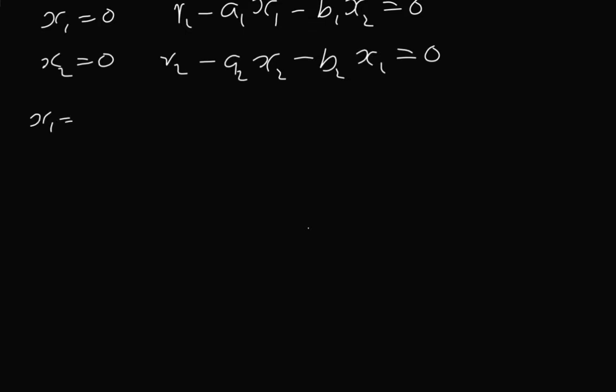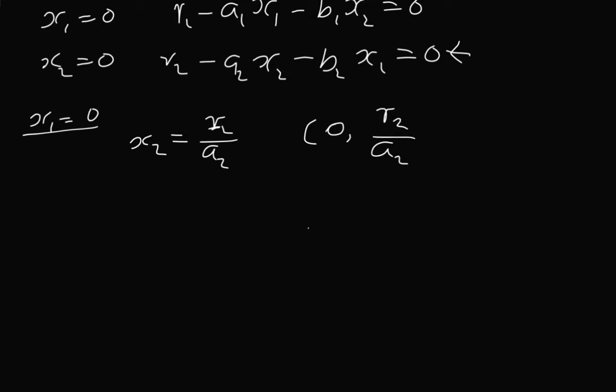When x1 equals 0, we can plug the x1 value into this equation. Then you will get x2 equals r2 divided by a2. Therefore, we have a point (0, r2/a2).